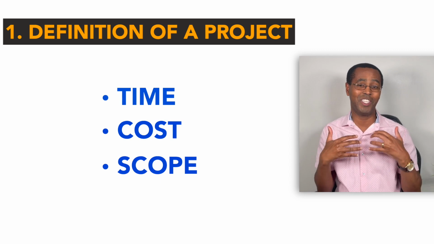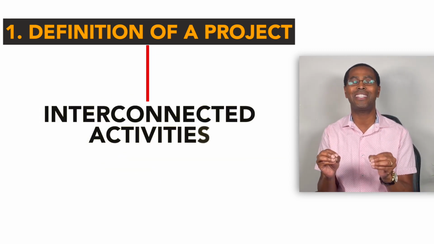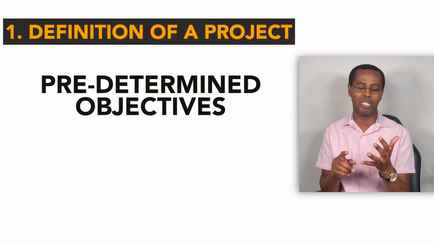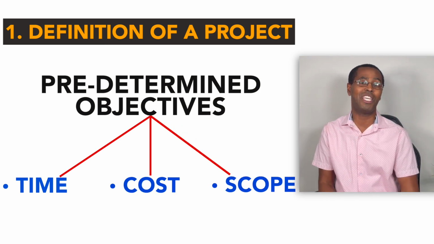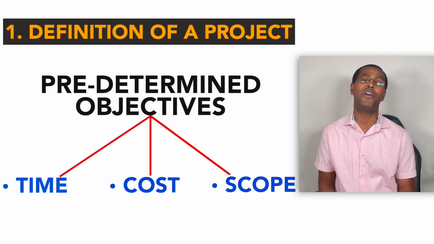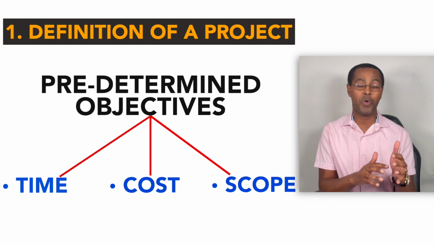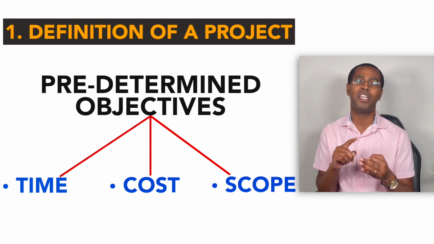So personally, I define a project as interconnected activities with predetermined objectives of time, cost, and scope. Let me say that one more time. I define a project as interconnected activities with predetermined objectives of time, cost, and scope.